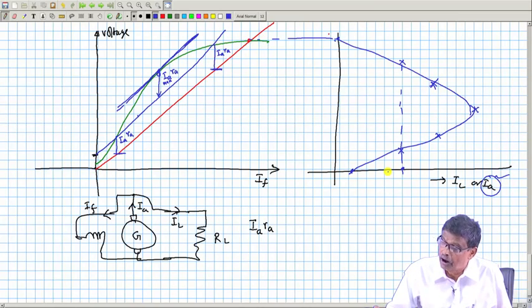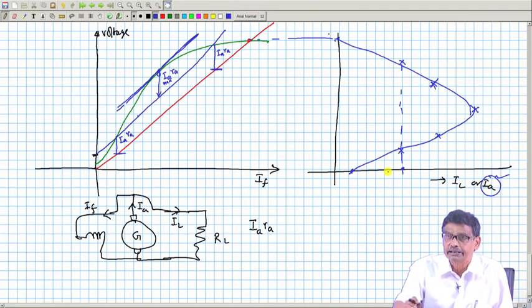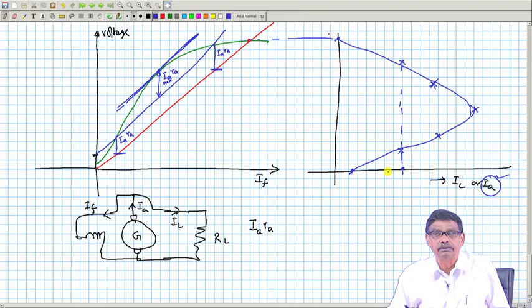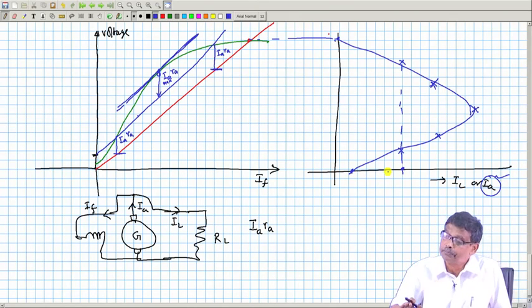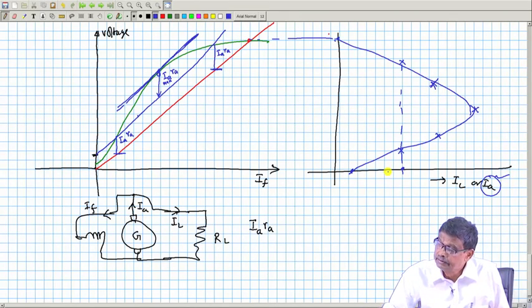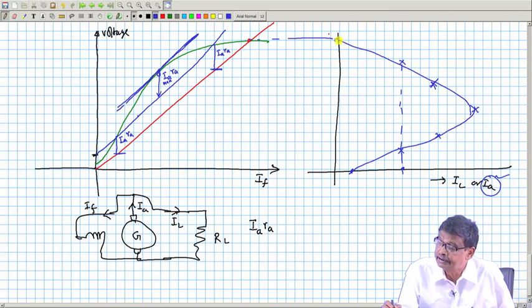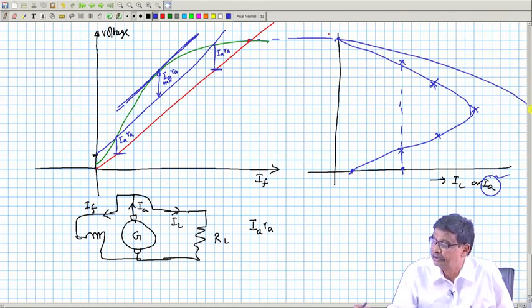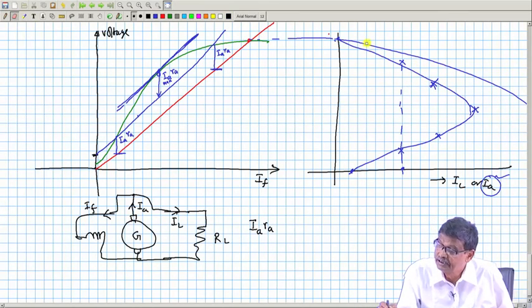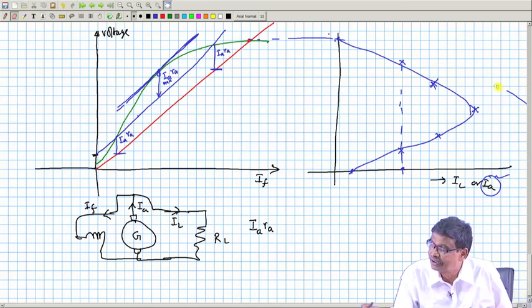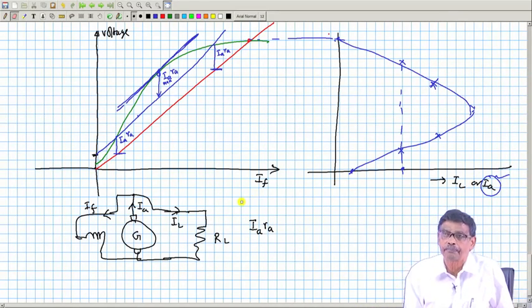So, with respect to IA, if you have the open circuit characteristic and field resistance line at your disposal, then you can predict the load characteristics of the DC generator, shunt generator as well. In case of a separately excited generator, it was going to very large current, but in case of a shunt generator, it is not like that, it will reach a maximum value and come back.